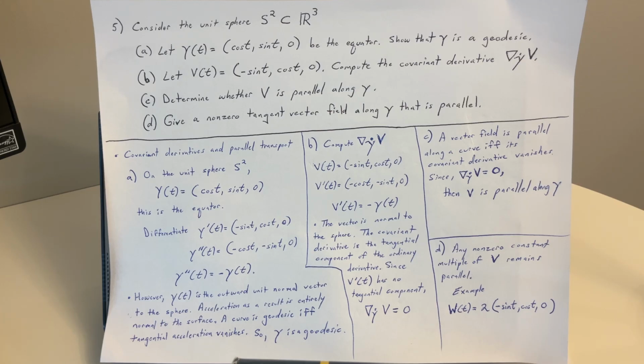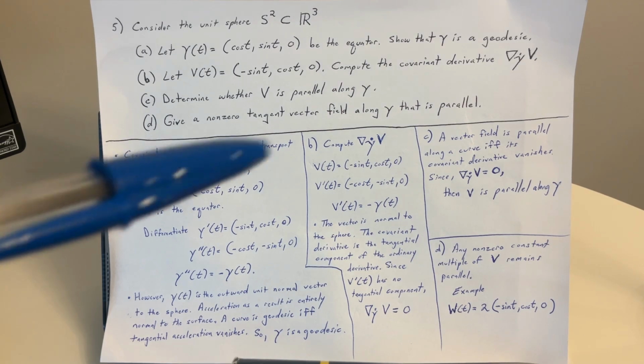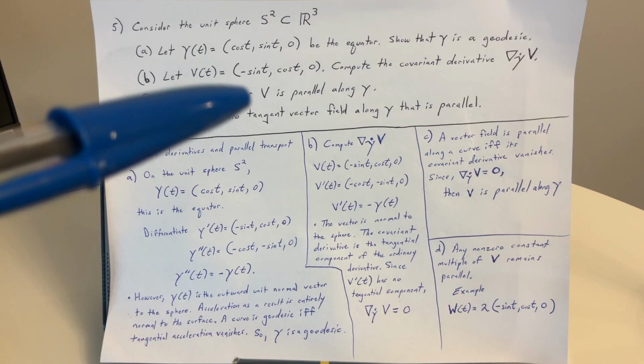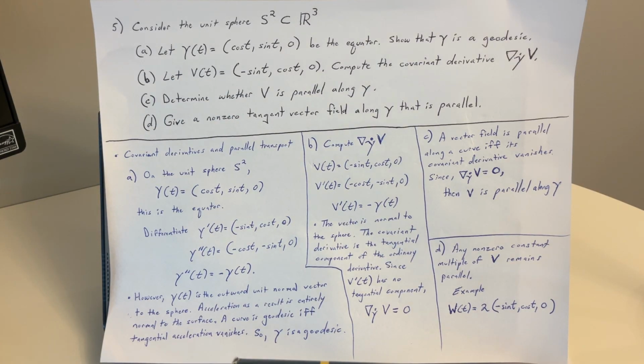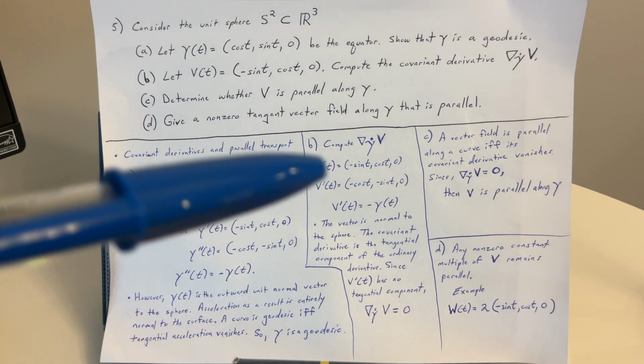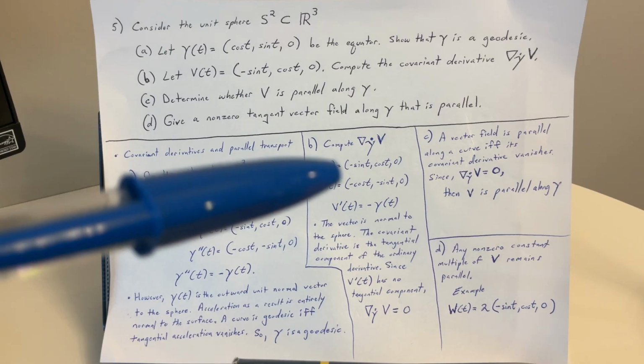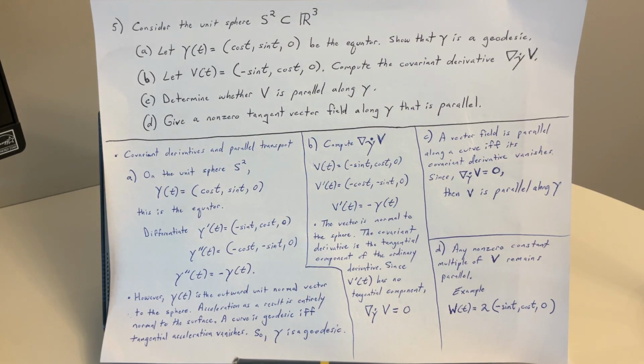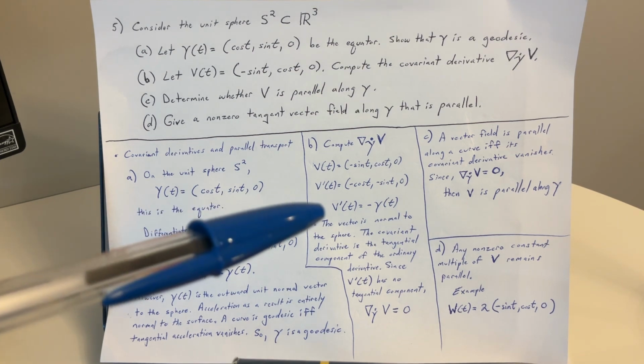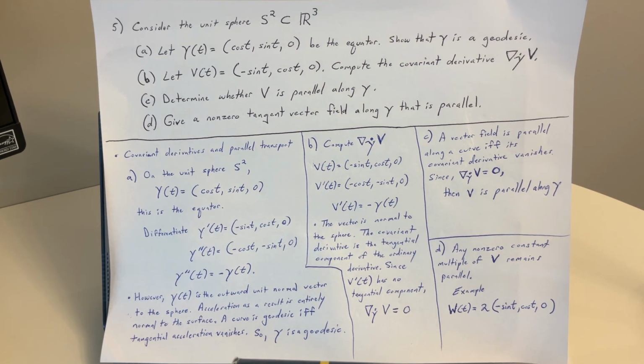Okay, here for part B, we want to let v of t equal negative sine of t, cosine of t, 0, and compute the covariant derivative. Let's see what we get. V prime of t would be negative cosine t, negative sine t, 0. And we know that v prime of t equals negative gamma of t.